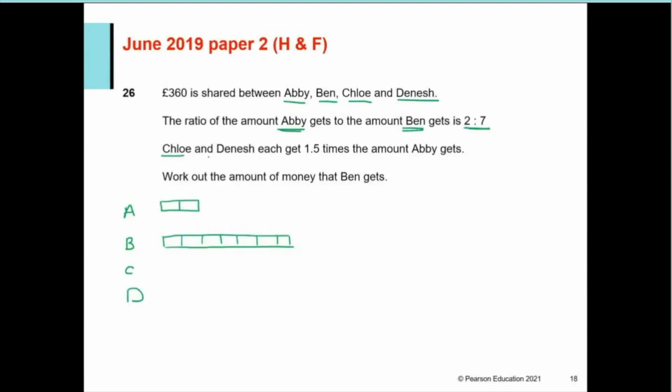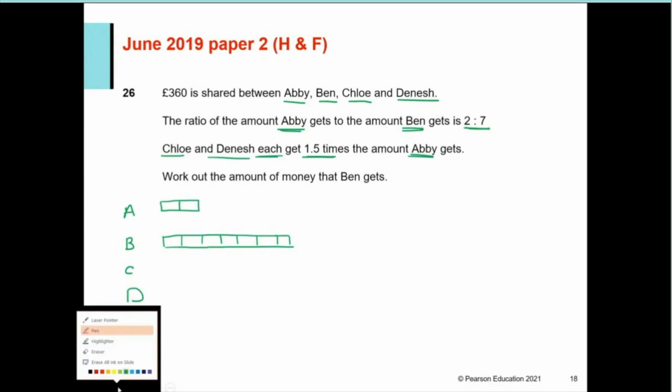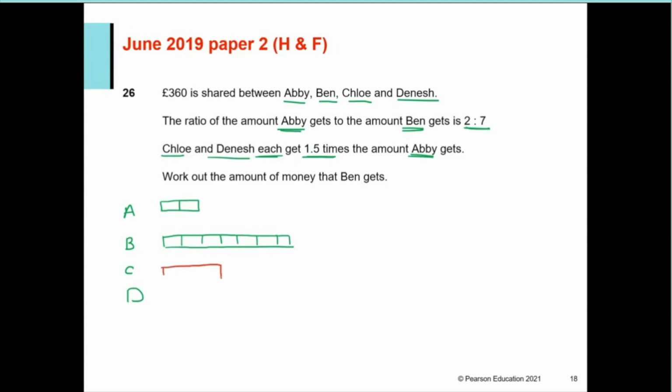And then this bit here, Chloe and Dinesh each get 1.5 times the amount that Abby gets. Abby's got these 2 boxes. So if they both get 1.5 times, I can see reasonably easily from the picture that it would give me 3 boxes for each of them.